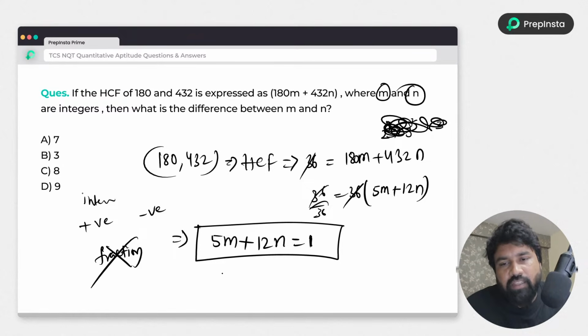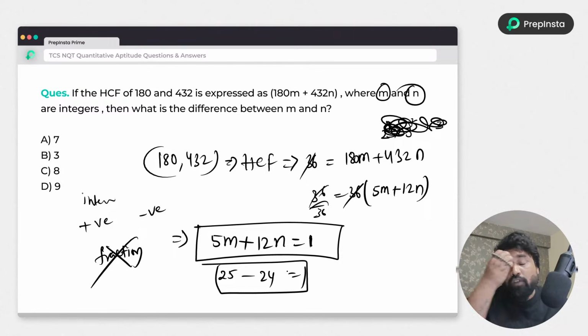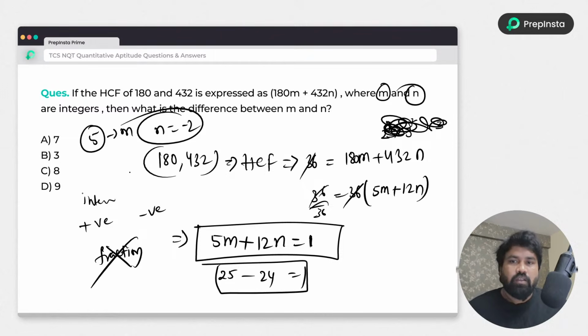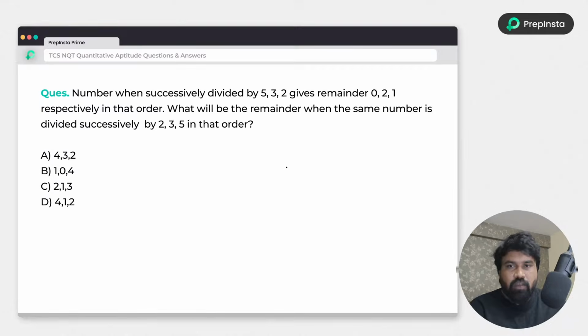For example, 5 5s are 25 and 5 2s are 24, and the difference is equal to 1. Yes, 25 minus 24 is equal to 1. So I can say m value is 5 and n value is minus 2. So m minus n, the difference is 7. It's very simple, very easy. You can do that, guys. And that's it. Look into the next problem.